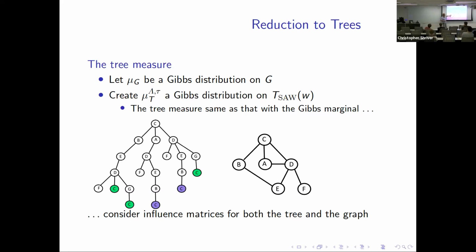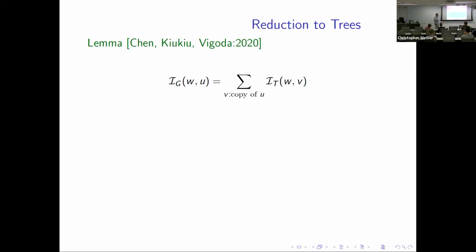Now we deviate a bit. We look at influence matrices in these two measures. We define the influence matrix at G, but nothing prevents us from defining the influence matrix here, and these two matrices have this beautiful relation shown by Chen, Liu, and Vigoda, which let me draw instead of reading.